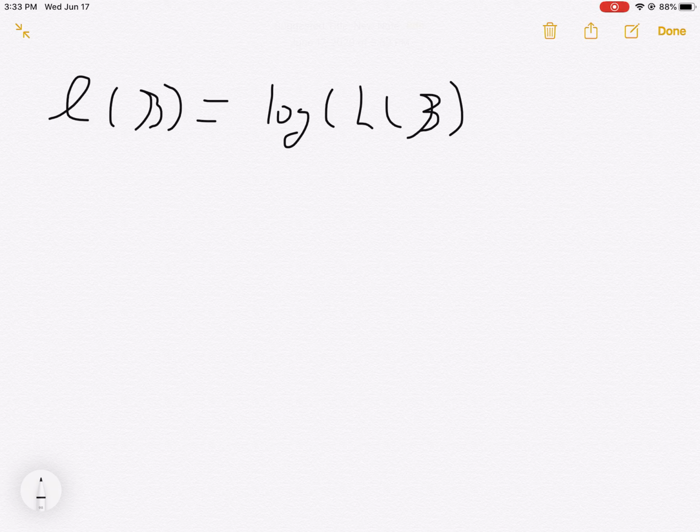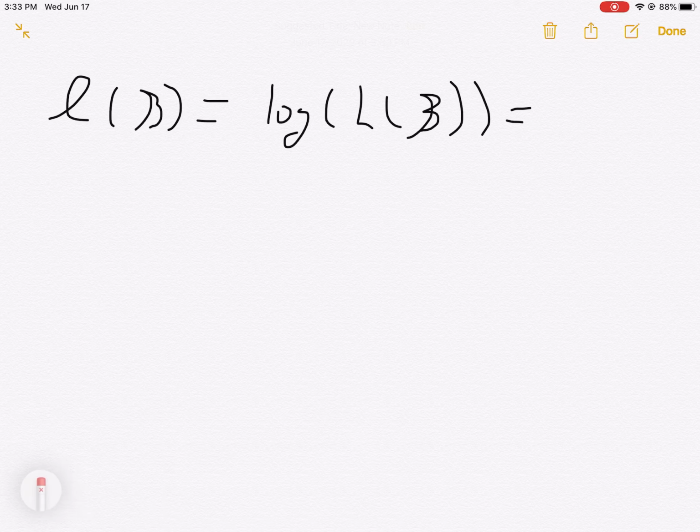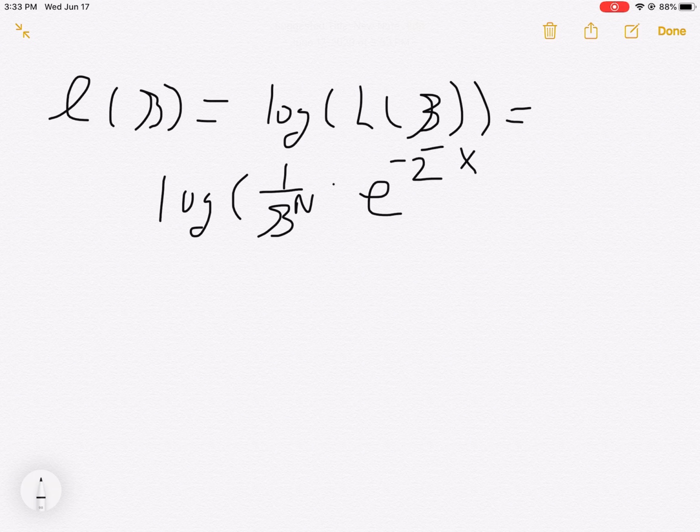Now I'm going to form l of beta, which is the log of L of beta. So I'm going to take the natural logarithm of that previous term we just had. So that's going to be equal to the log of 1 over beta to the n times e to the minus summation of xi over beta.